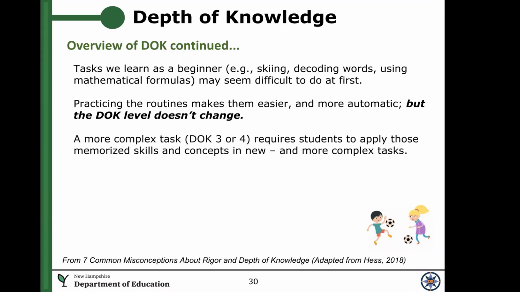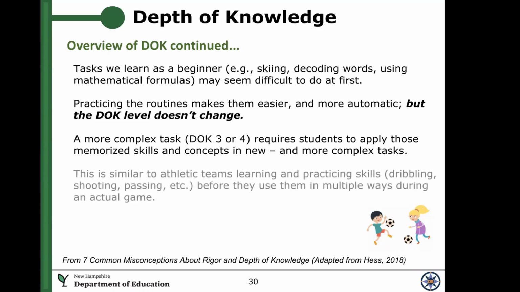So the more complex a task is, like a DOK 3 or 4, requires students to apply the skills that are DOK 1 and 2 to be able to complete more complex tasks. We have our little soccer players here, right?